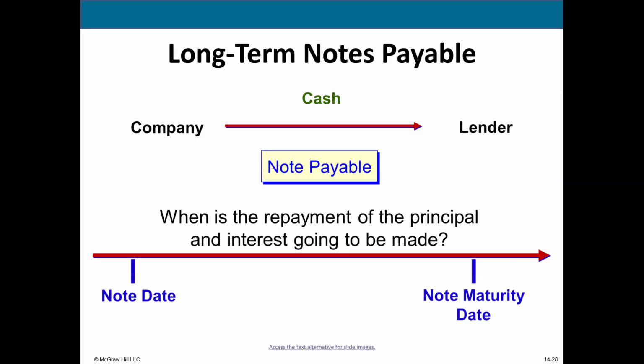So with bonds, we pay interest-only payments until the bond matures. With loans or long-term notes, we pay back a portion of the face value plus interest over the life of the loan, and these loans are typically amortized over time.